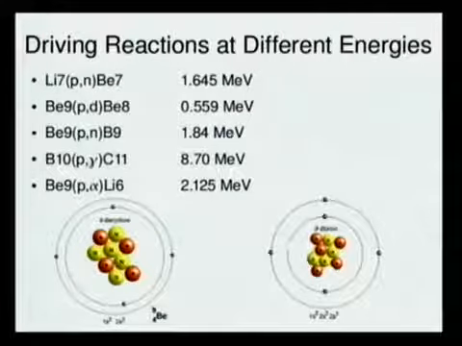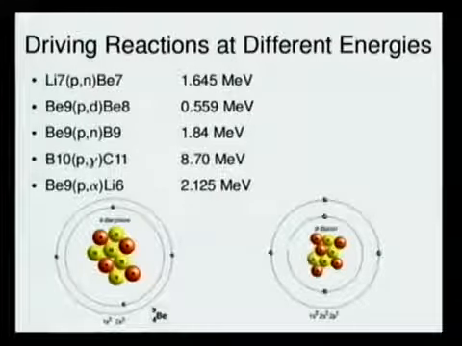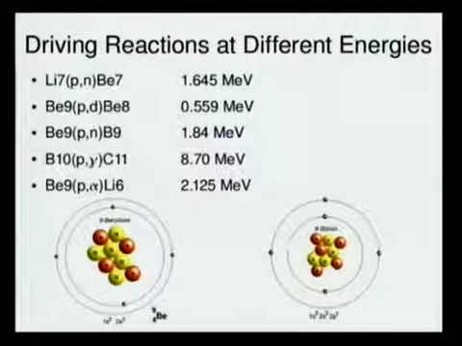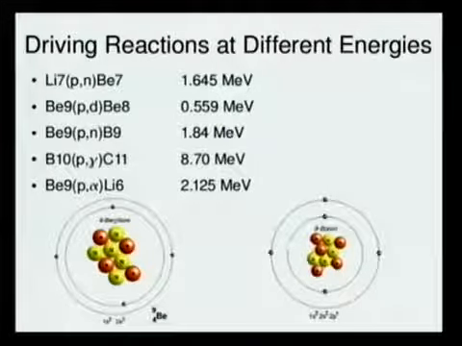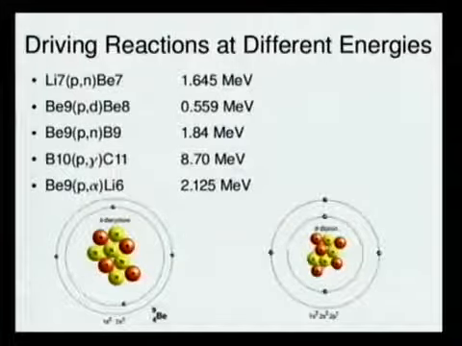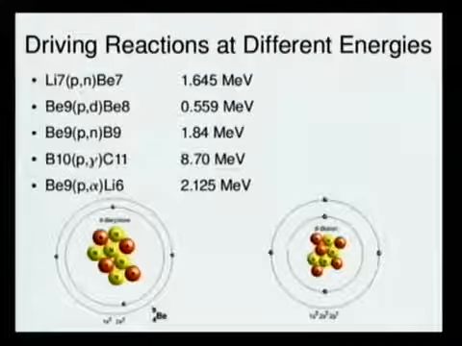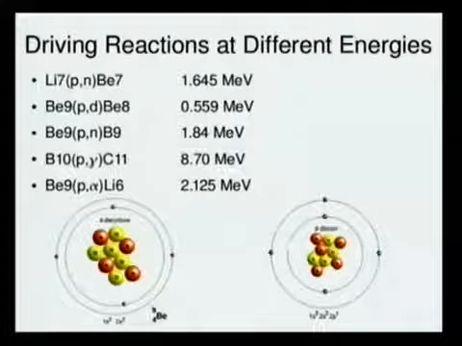You put in an additional proton, and you see there are now 5 protons, and it ejects a neutron, leaving 5 neutrons, and now you have boron-9. That's the type of reaction you'd be able to drive with these, transmuting light elements into other light elements.